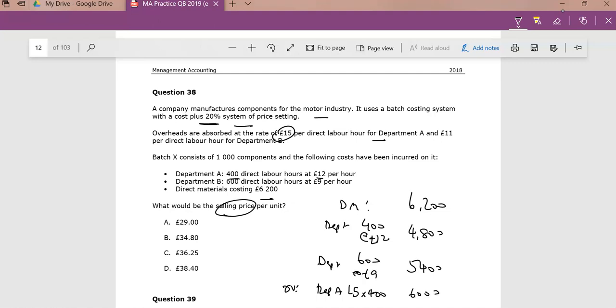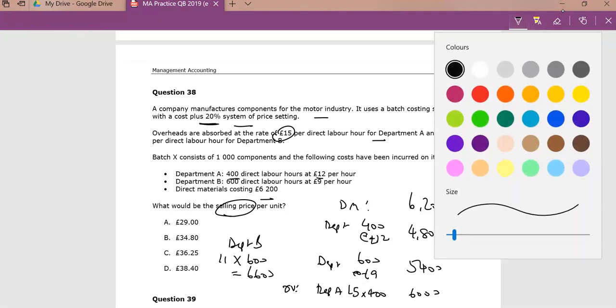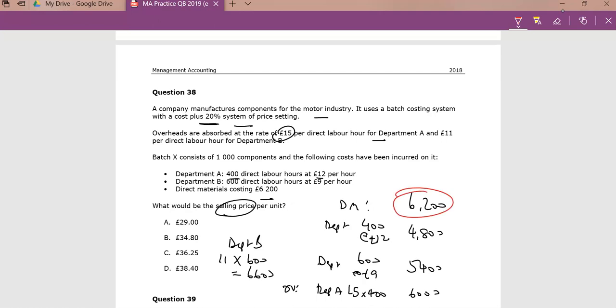And overheads for department B are 11 times 600, which is 6,600. I'll just change my pen color so you pick up exactly what we need to add together: this, this, this, this, and this. Add all these things together.